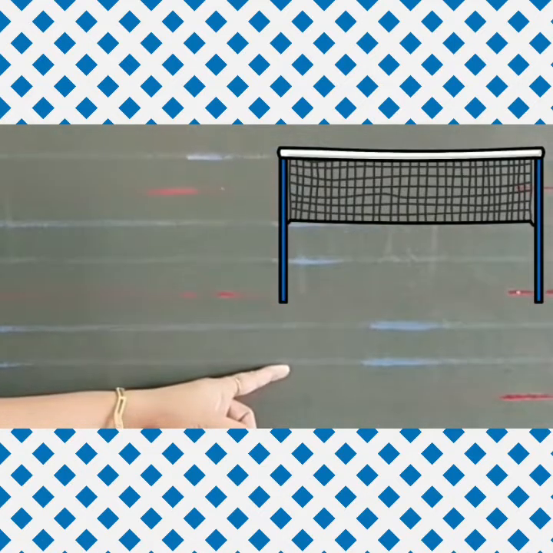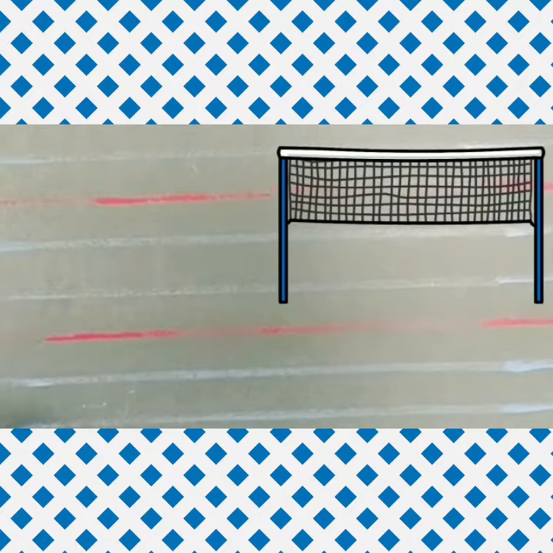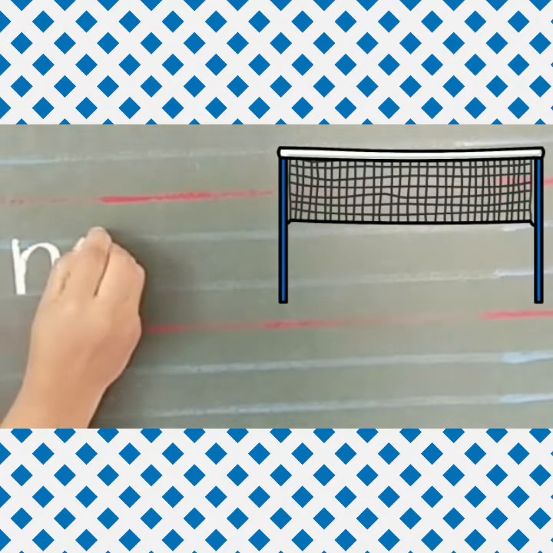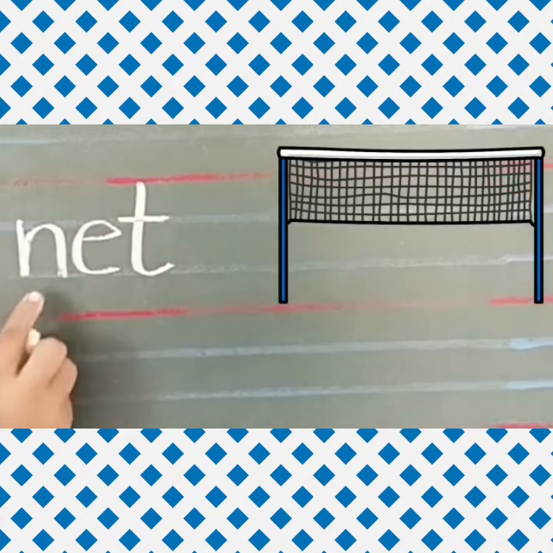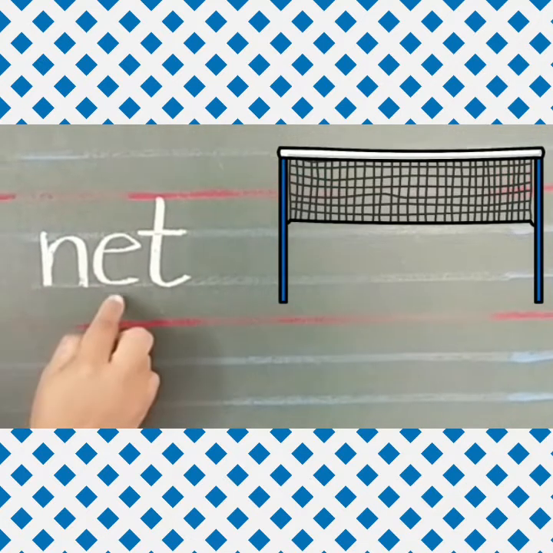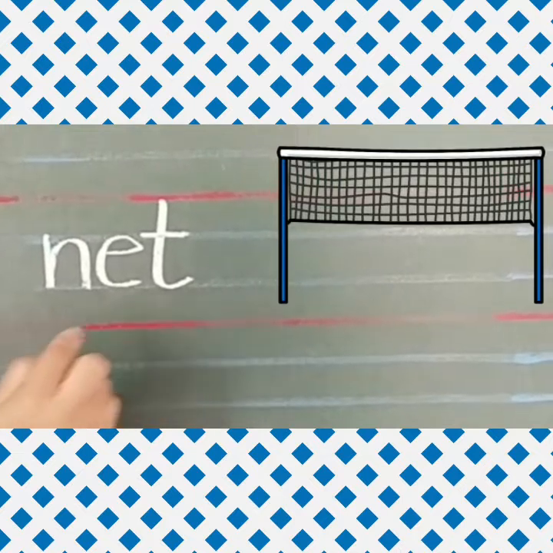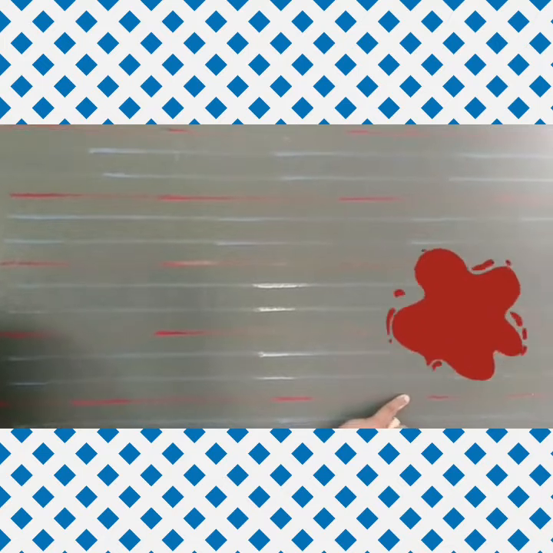What is this? Yes, this is a net. What is the spelling of net? N, E, T, net. N says N, E says E, T says T. N E T, net. Can you see children, what is this?